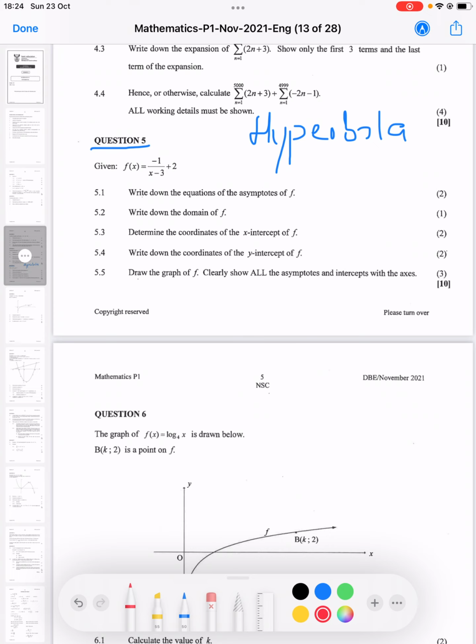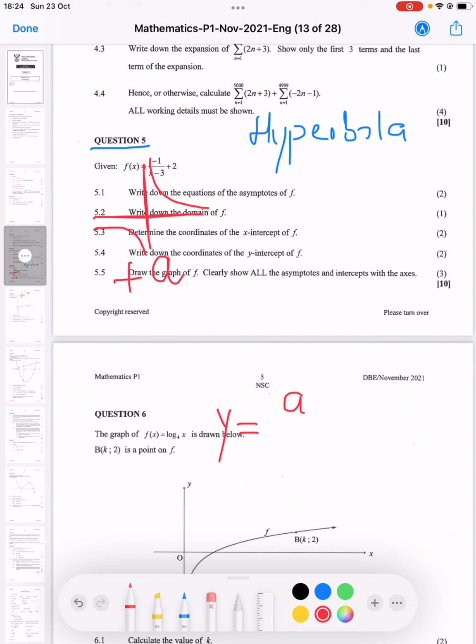So this is how you interpret a hyperbola. It is y equals a over x, and so on. Let me quickly talk about the a value. If your a is positive, that means your function is going to be in the first and third quadrant generally.